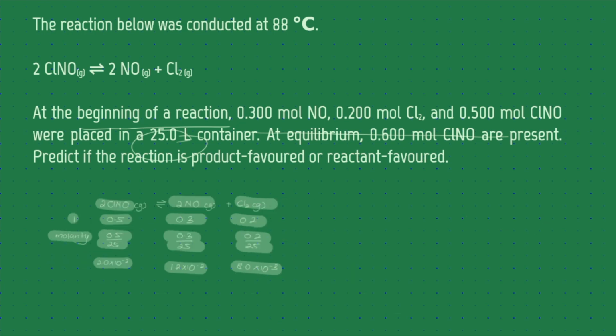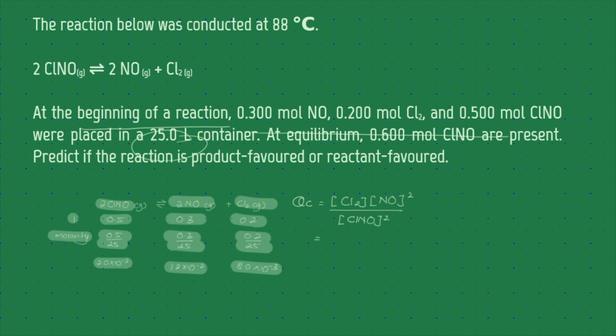So now we're just going to do the QC. Your QC is equivalent to the concentration of chlorine times the concentration of nitrogen monoxide to the power of 2 divided by the concentration of ClNO to the power of 2 as well.